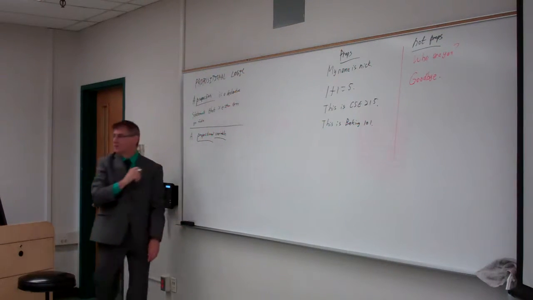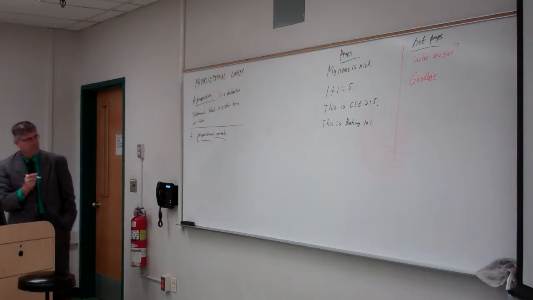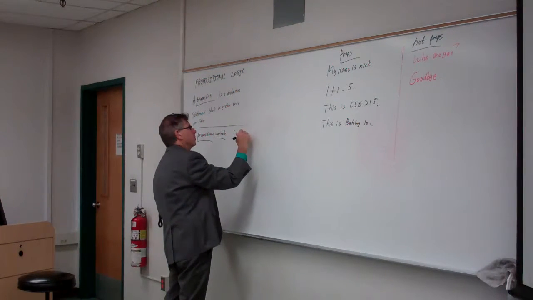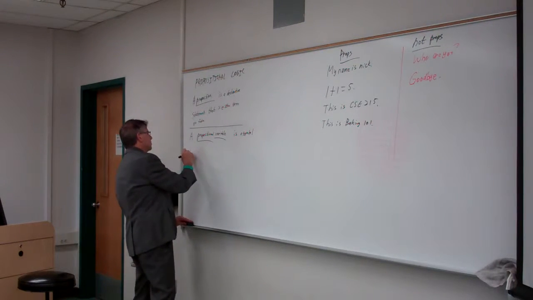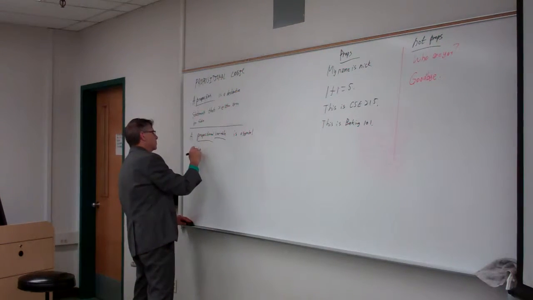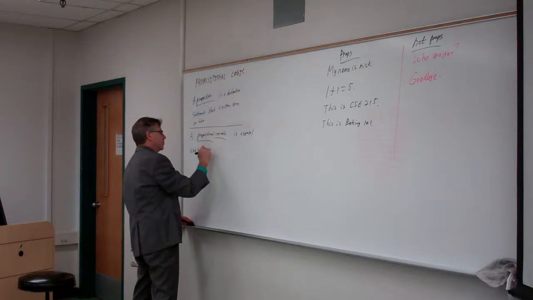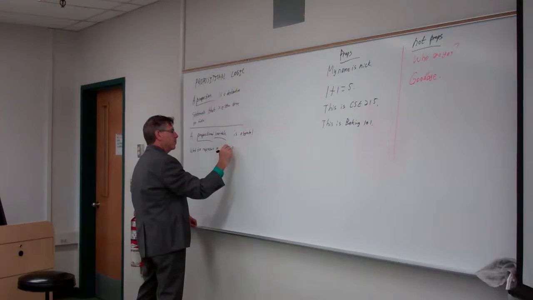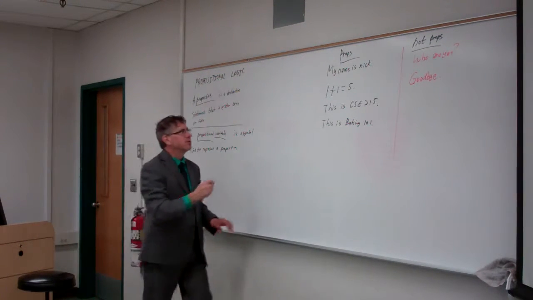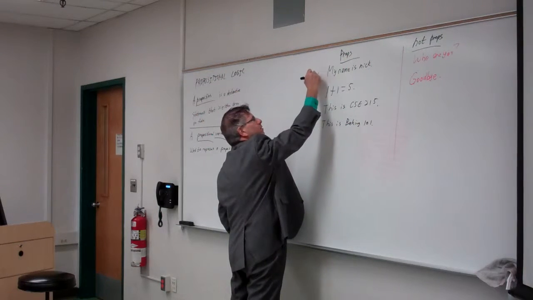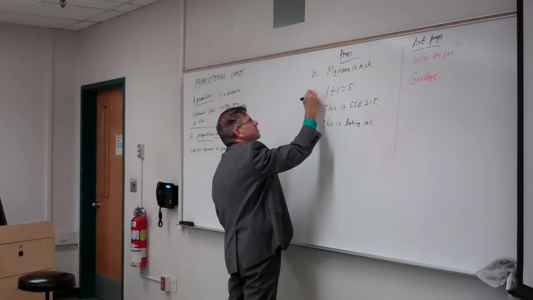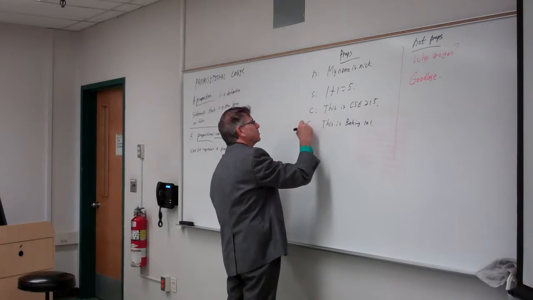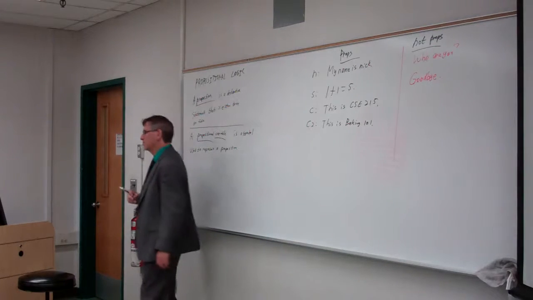So a propositional variable is a symbol used to represent a proposition. So we might call this proposition N for name. This might be proposition S for sum. This might be proposition C for course. This might be proposition C2 for course.